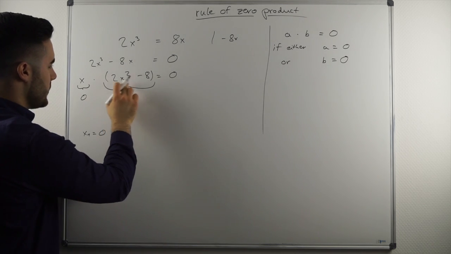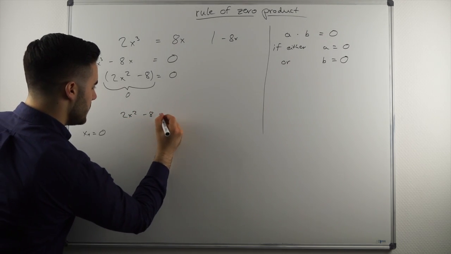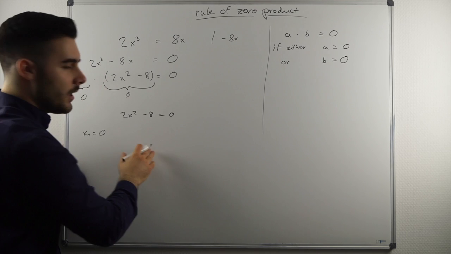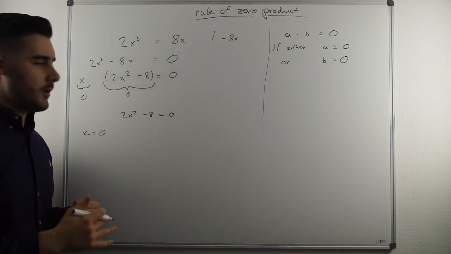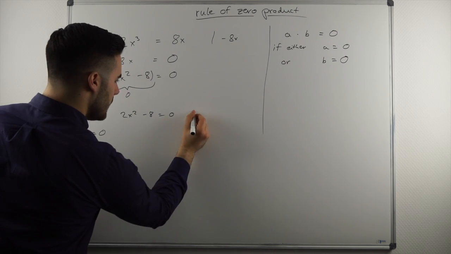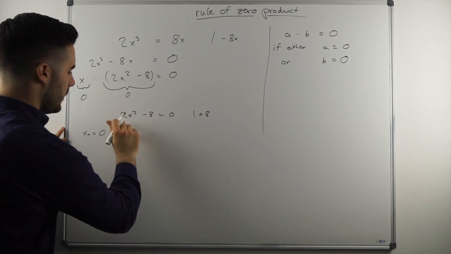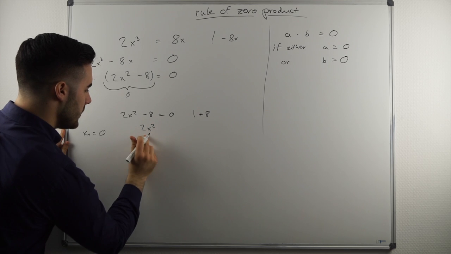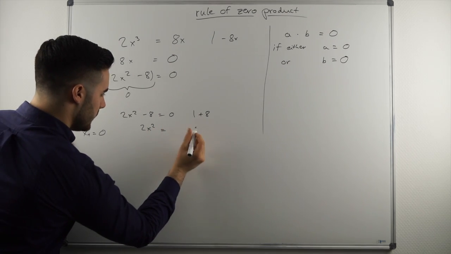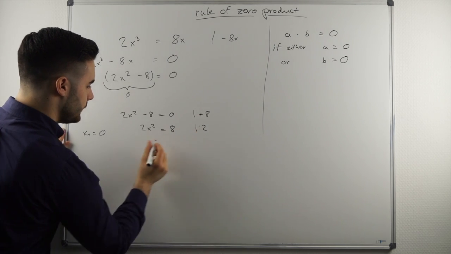So we are going to continue with 2x squared minus 8 equal to 0. Based on this, the calculation is similar to what we already did before in other videos. So plus 8 and then we divide by 2. I'm going to do it step by step. So 2x squared equal 8. Divide by 2.